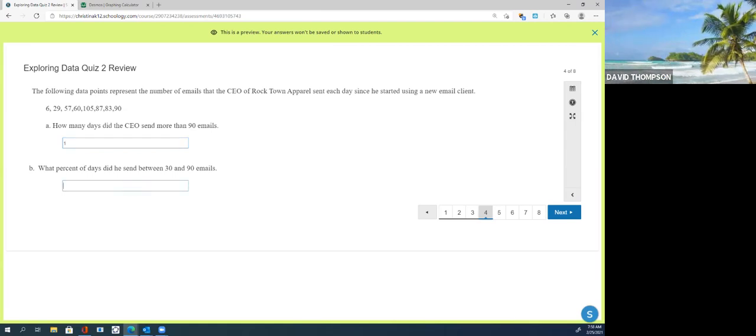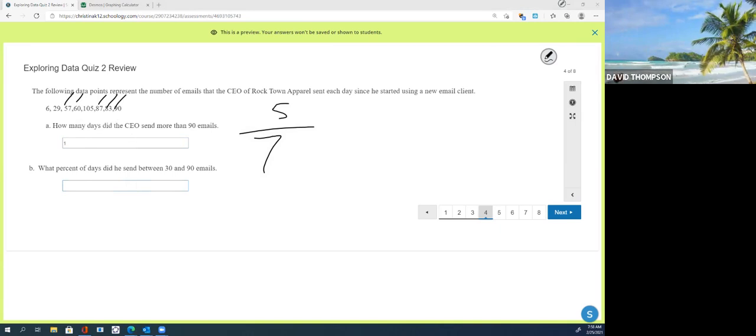What percent of days did she send between 30 and 90 emails? So we want to find how many, there are 7 days. This is between 30 and 90, this one, nope, not that one. So we have 1, 2, 3, 4, 5 numbers between 30 and 90.